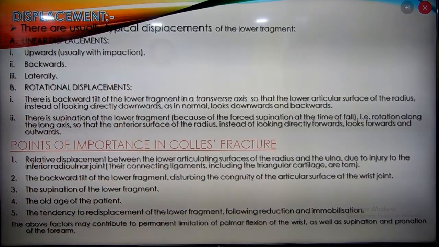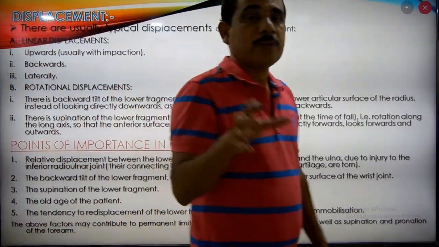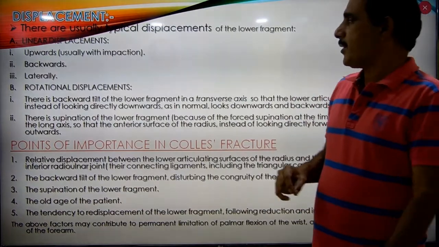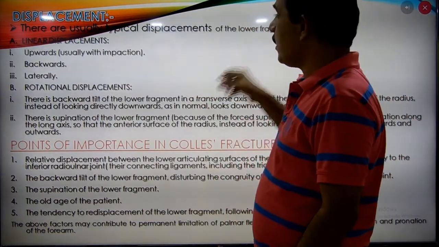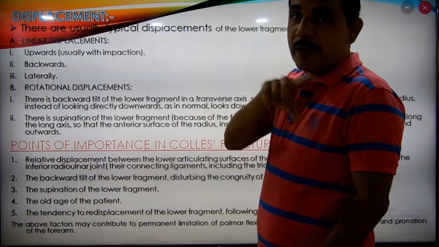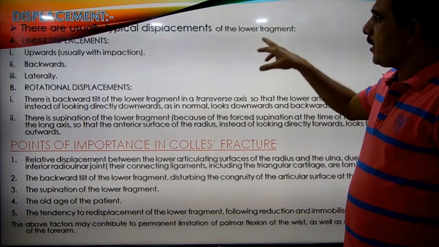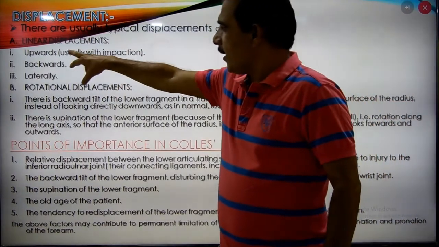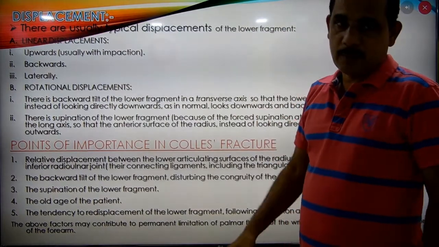Then displacement. In the Colles fracture, the displacement is interesting. The typical displacement of the lower fragment is one linear displacement and second a rotational displacement.